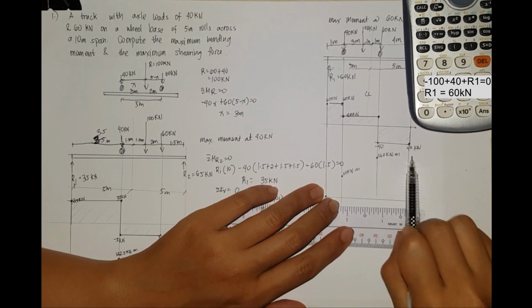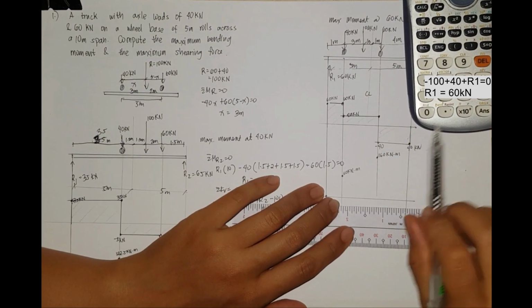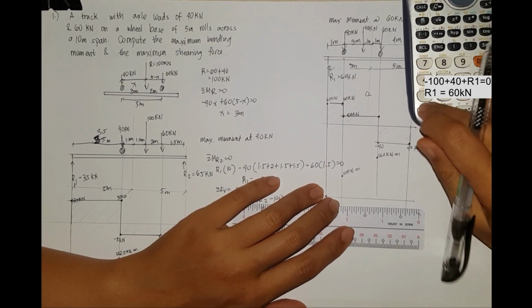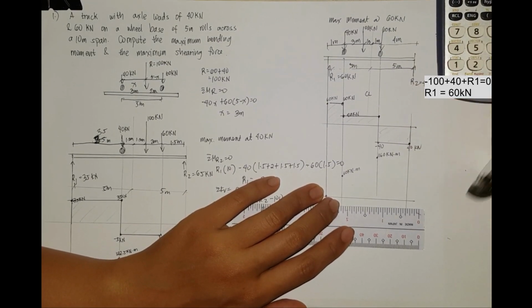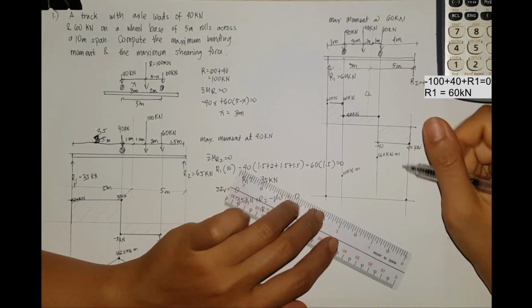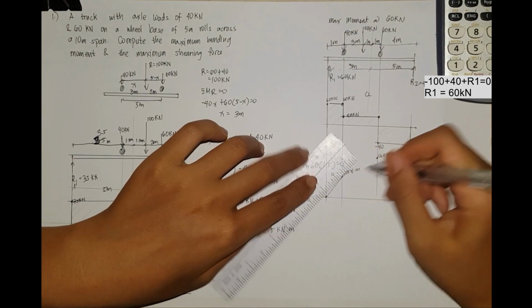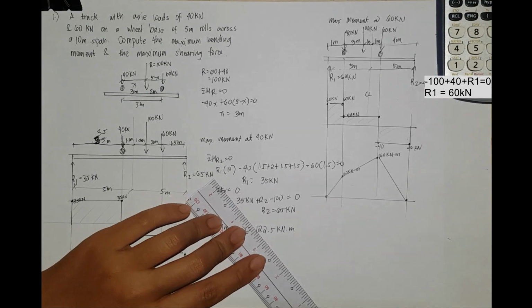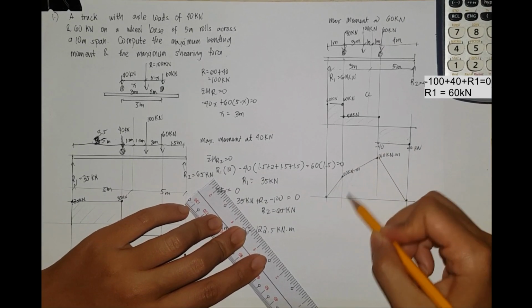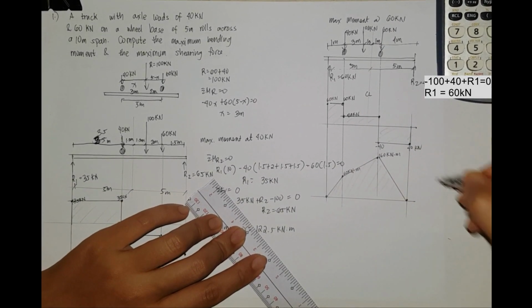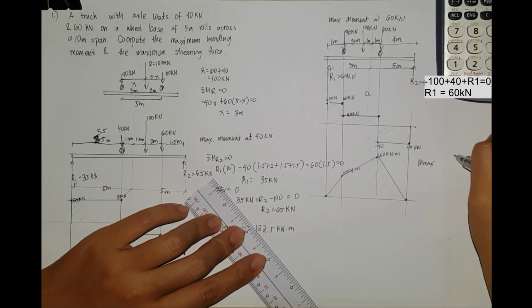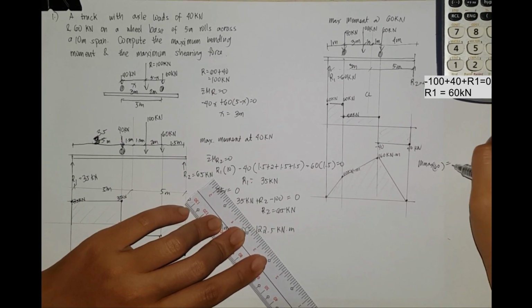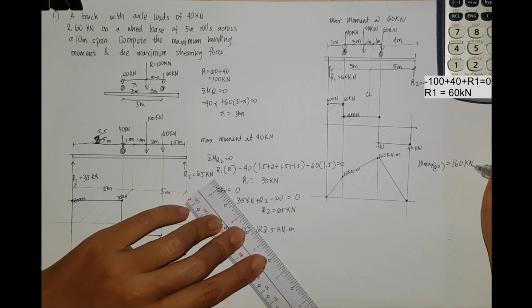So, do we have a moment? Wala. Do we have an area? In the shear diagram, we have, which is equal to negative 40 multiplied by 4 meters. So, 0. So, ito yung ating moment diagram. So, 1 degree lang yung mga yan. This is now the moment diagram. Therefore, the maximum moment at 60 kilonewton is equal to 160 kilonewton dot meter.